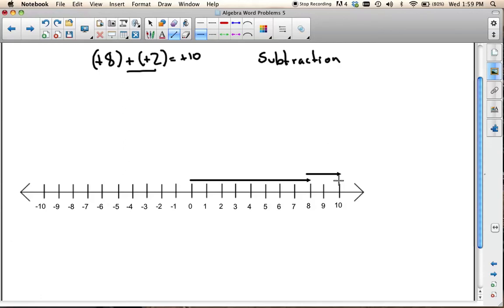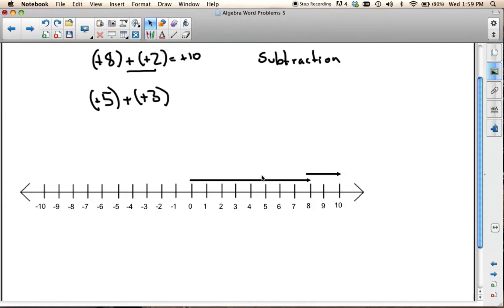Do you see that? So like I said, anytime you have a negative and a negative next to each other, so if I have positive 5 minus negative 3, a negative and a negative in subtraction make a positive. 5 plus 3 makes an 8.